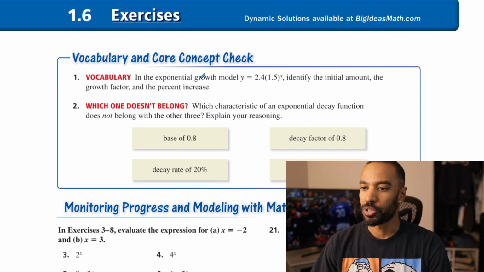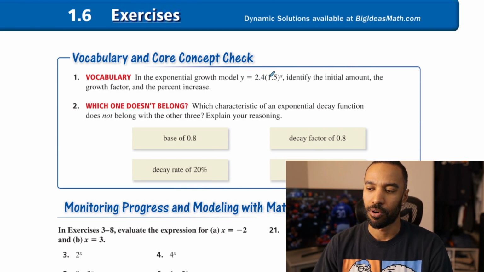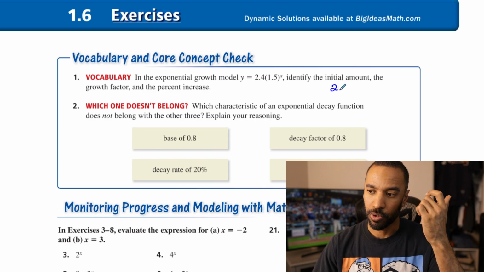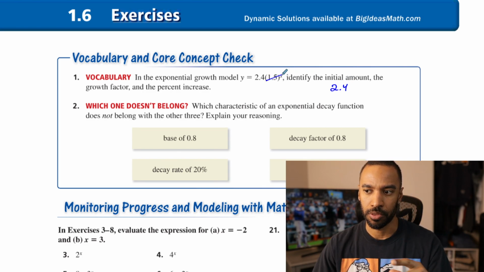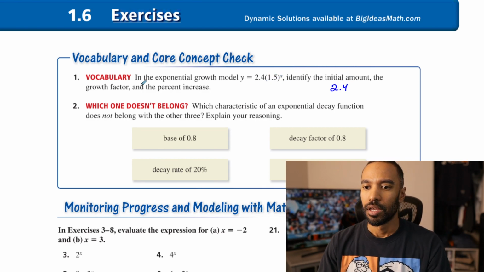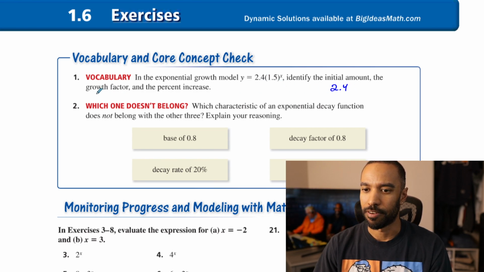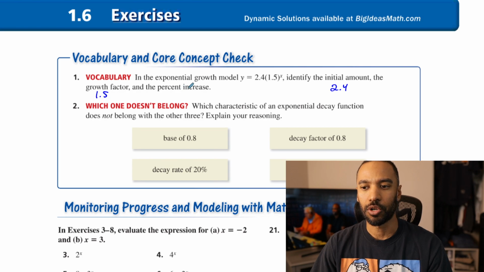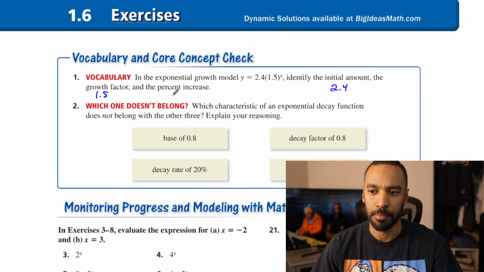Vocabulary. In the exponential growth model, y equals 2.4 times 1.5 to the x power. Identify the initial amount. That'll be 2.4, because when x equals 0, this part goes away. The growth factor, that is 1.5. That's what you multiply by each time you go. And the percent increase. Now, the percent increase comes from, you know how that whole thing was like 1 plus or minus r?